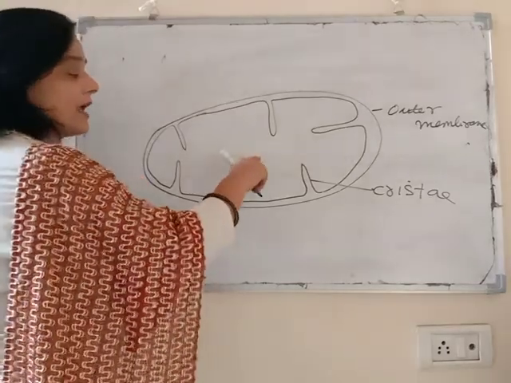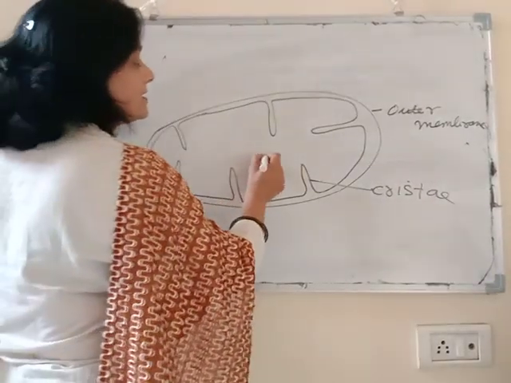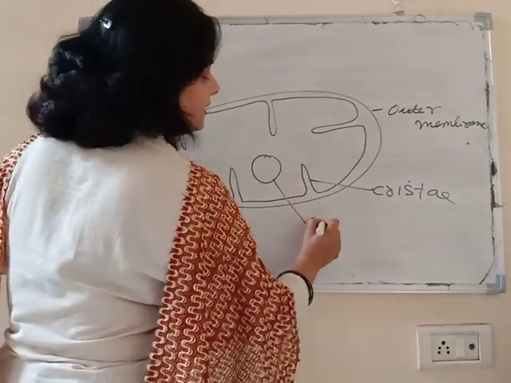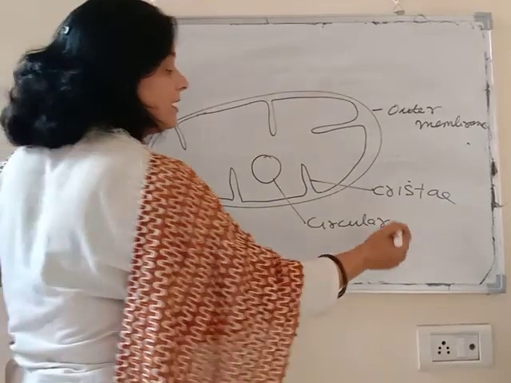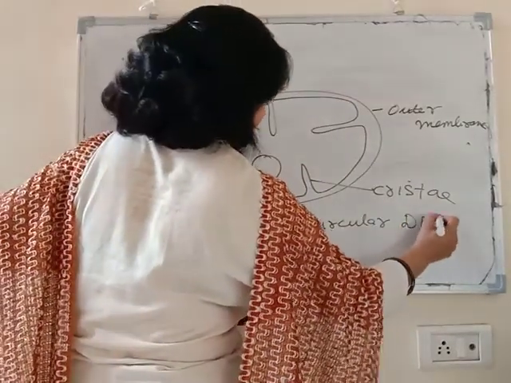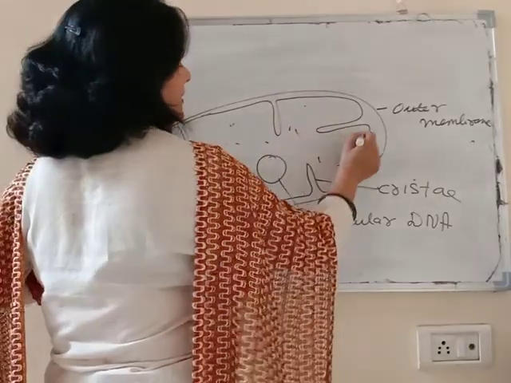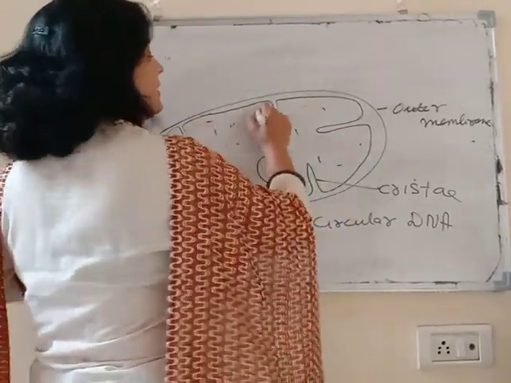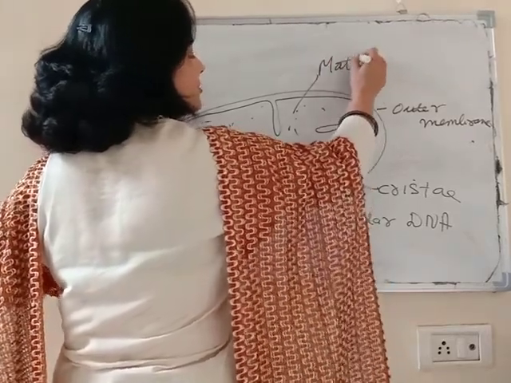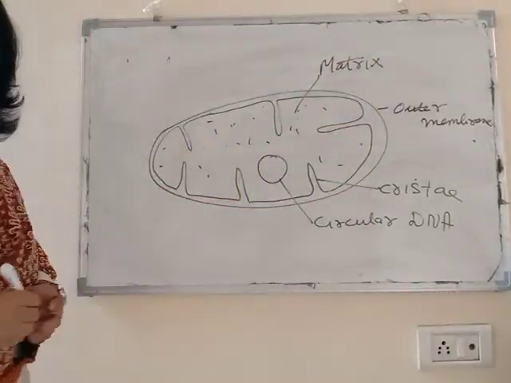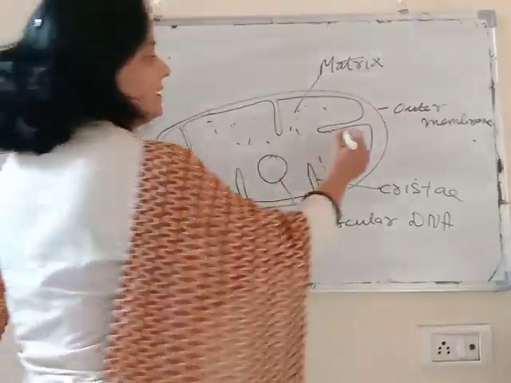And this organelle is unique because it has its own circular DNA. So it can replicate itself and can make its own protein as well. Then there is a fluid filled inside it. This fluid is called matrix. Structurally, mitochondria consist of 2 membranes, outer and inner.